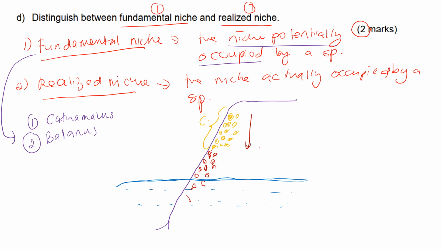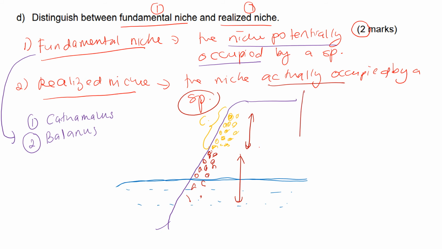The area occupied by the two species is called the realized niche. It is the niche occupied by the two species when there is competition for space. Realized niche occurs when there is competition between the two species for space.